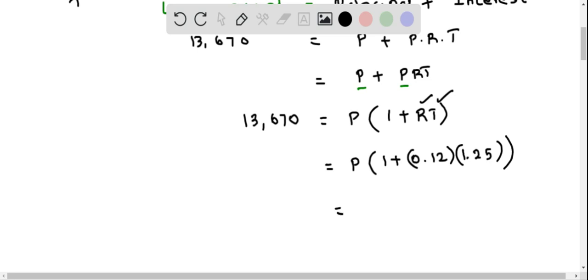And so let's simplify this. This equals P times of 1 plus, we multiply these two numbers, that is 0.12 times 1.25, and this equals 0.15 when we multiply using calculator, and then add this with 1.